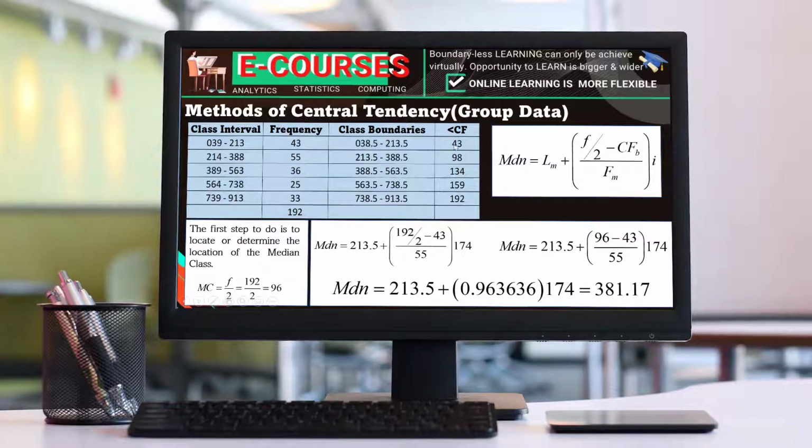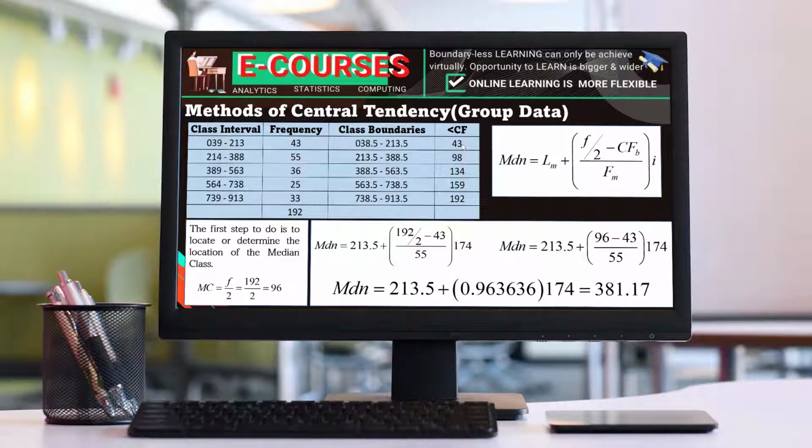Is 96 covered by the cumulative frequency of the class interval 39 to 213? Definitely no. But the cumulative frequency for the class interval 214 to 388 is 98.